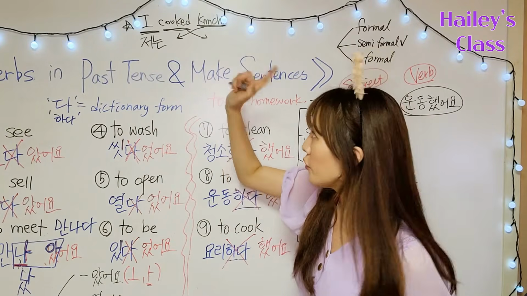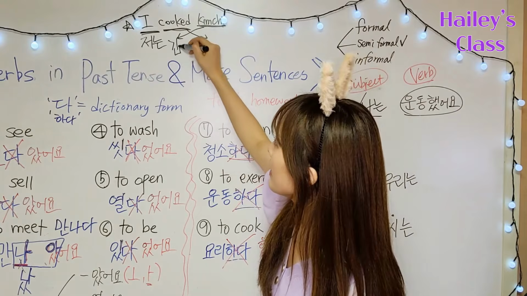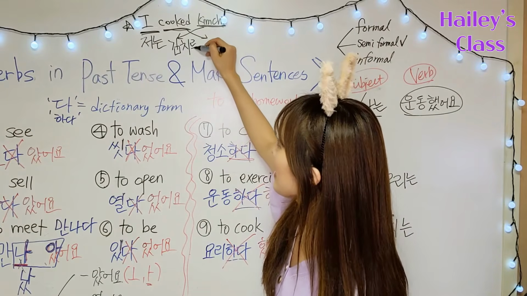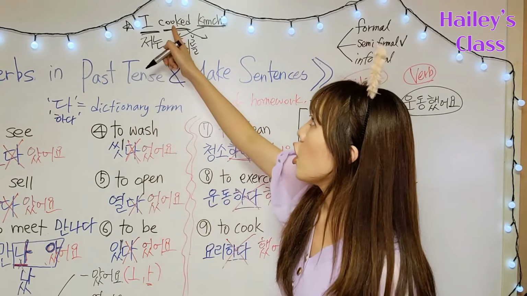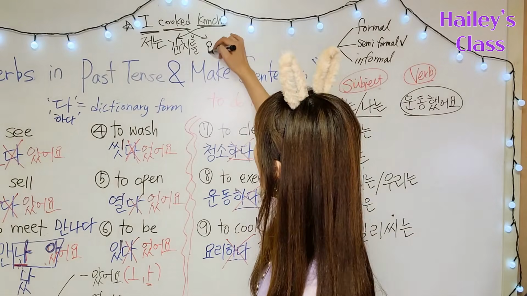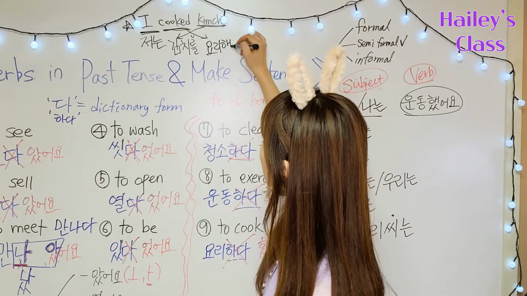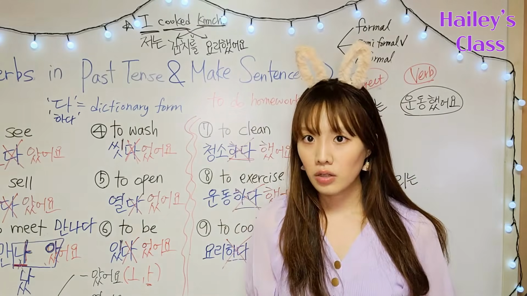I kimchi cooked. For example, 저는 김치를 and you put the 를, 김치를 cooked. 요리했어요. Okay?